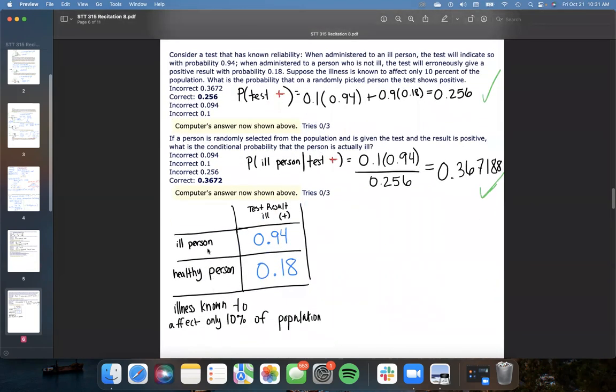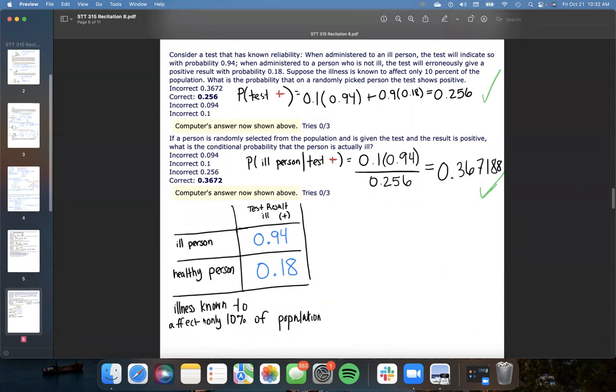So if I plug in what we know, for a test result that's positive, we have that for an ill person, the probability that the test result will show that they're ill is 0.94. For a healthy person, a false positive probability of 0.18.